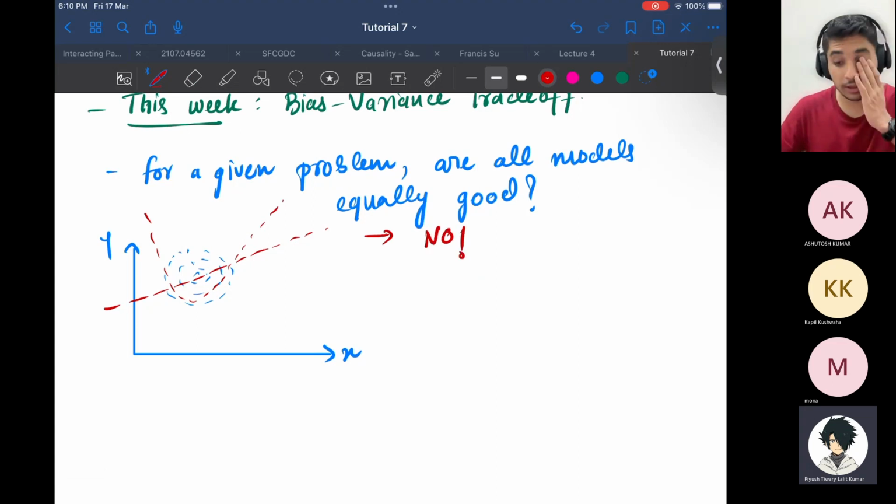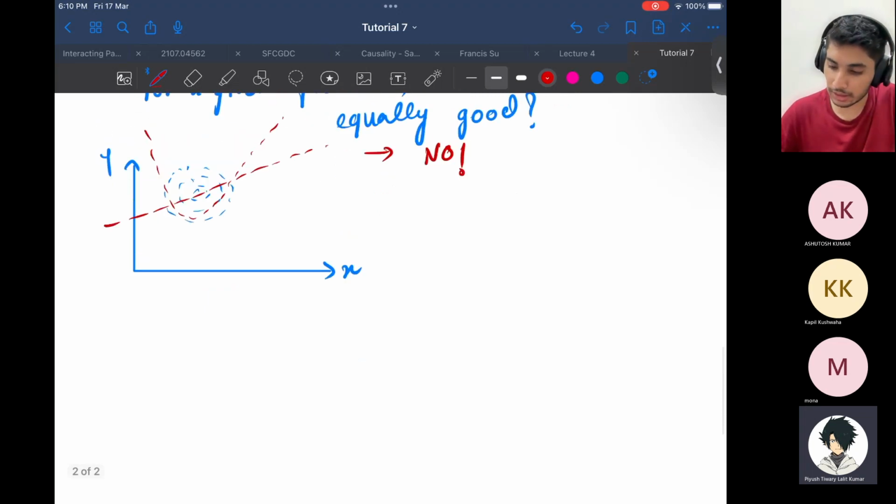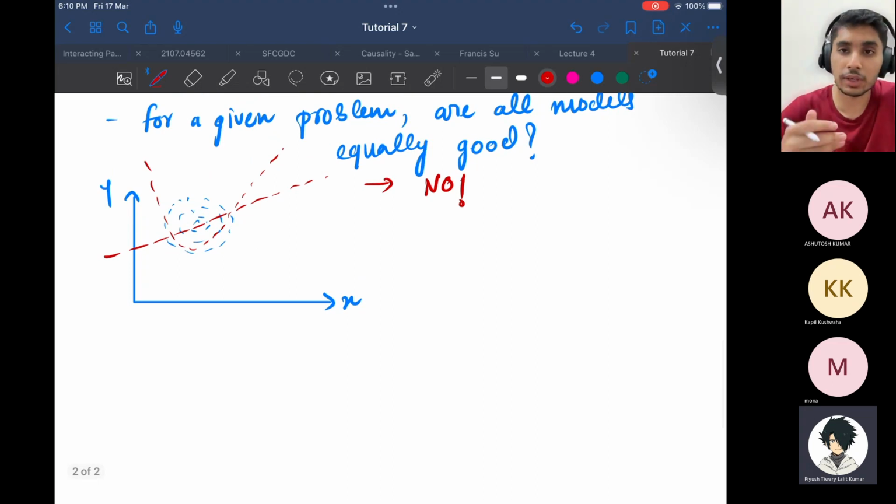Now we know that for a given problem, all models are not equally good. So people struggled with this: what model is good?